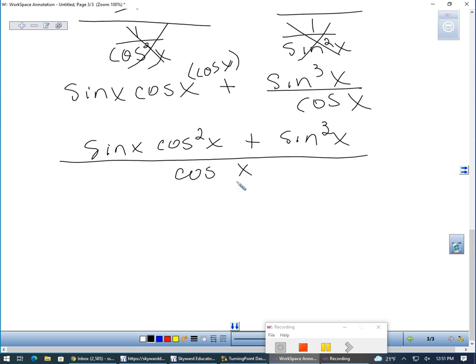Now I want to talk about the numerator. What is in common in both terms? The sine, right? So I can undistribute sine x out of both.